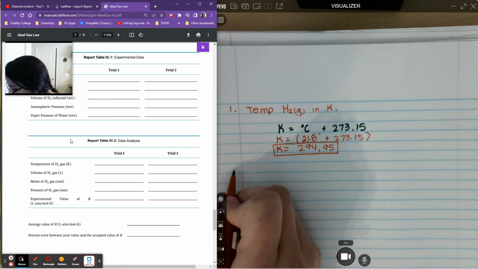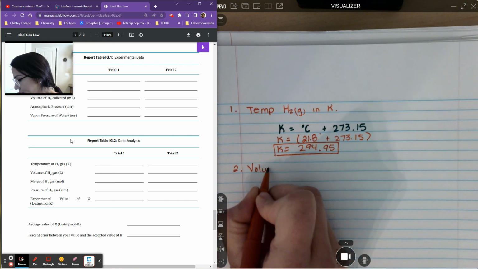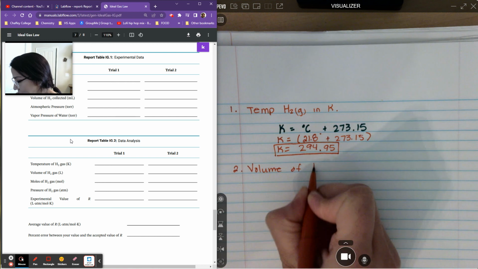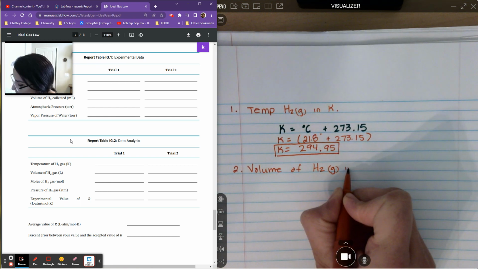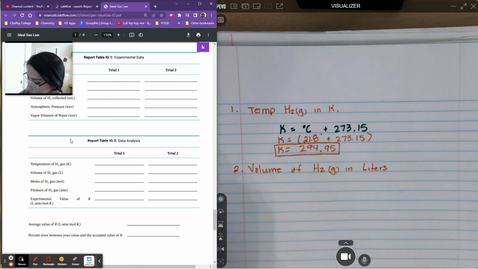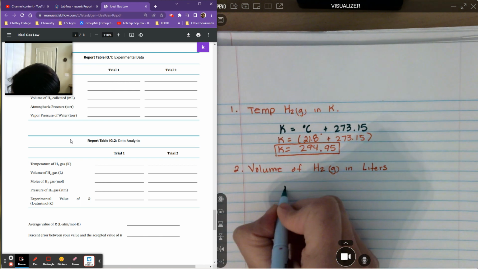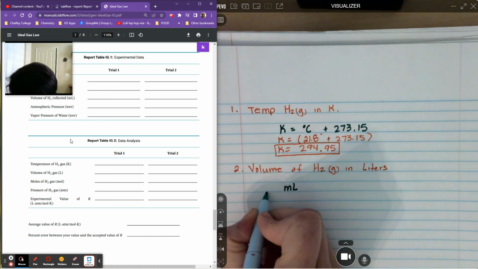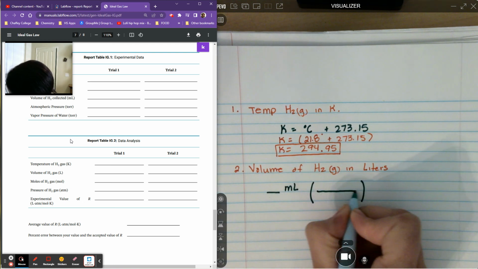All right, question number 2, the volume of H2 gas in liters. Quite simple. In order to do this problem, we're going to take our milliliters that is given to us and use a simple conversion factor, right?